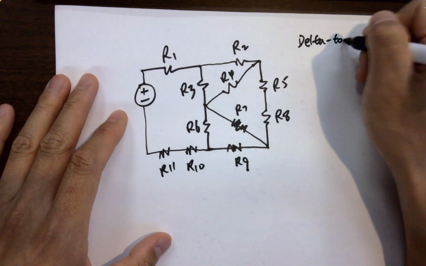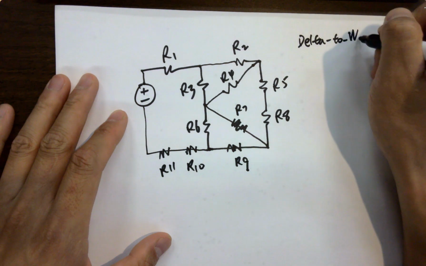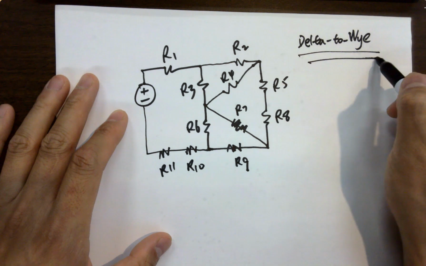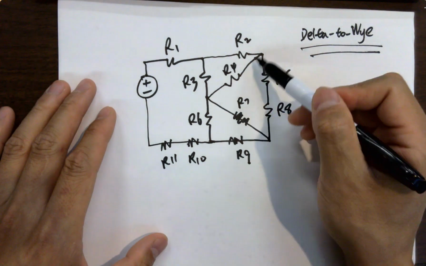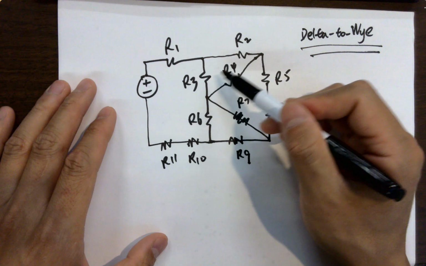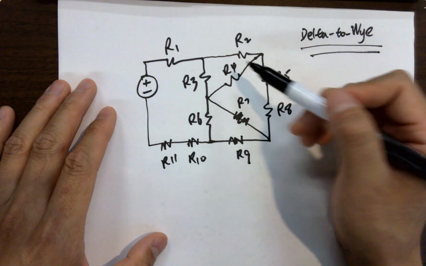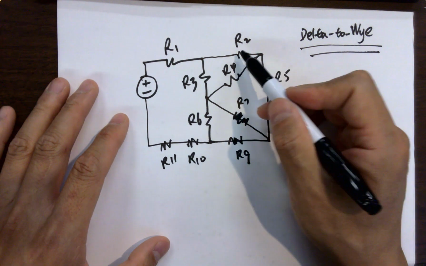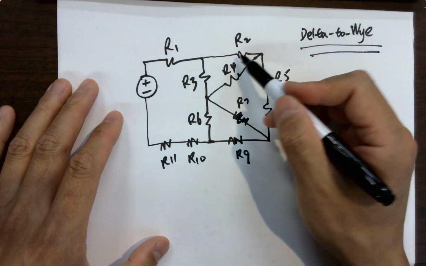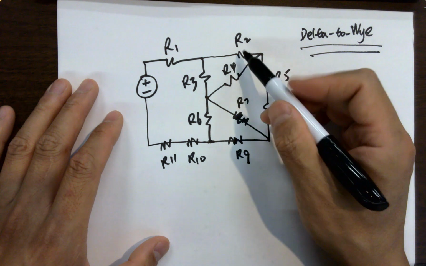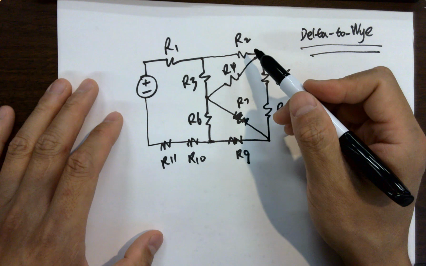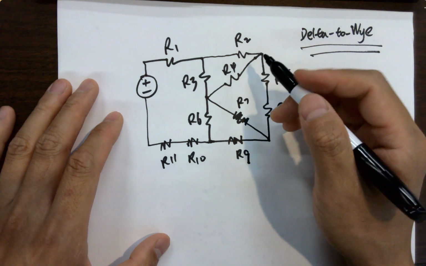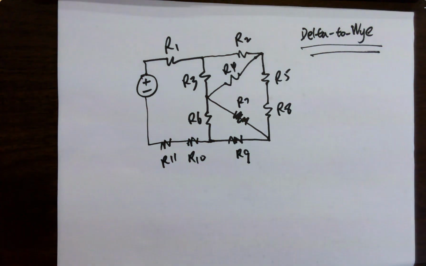Delta to Y conversion. So this is delta, it's a triangle. It's asking to convert it into a Y-shaped or T-shaped. The way I do it is just follow that workflow. So I label A, B, C. I'm going to show you why we label A, B, C. Just label A, B, C in the counterclockwise manner.